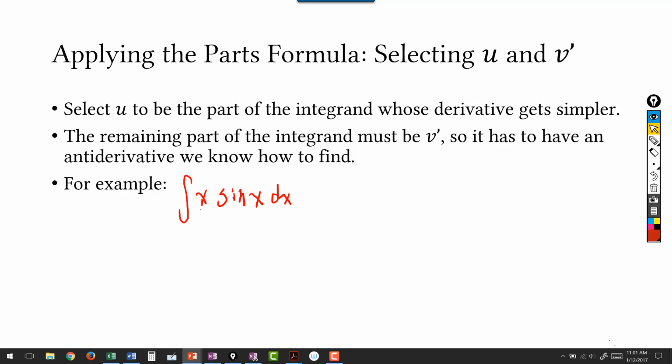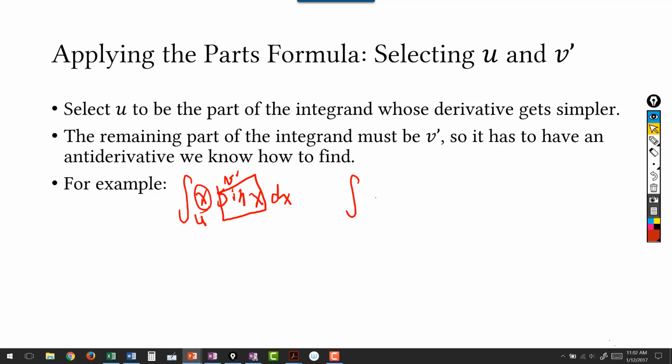But if I let u be equal to x, then the derivative of x would just be 1, which is simpler. That would leave v prime to be the sine x, and that is something we know how to integrate. The integral of sine x is minus the cosine. So that's how we would make the selection in this first example.